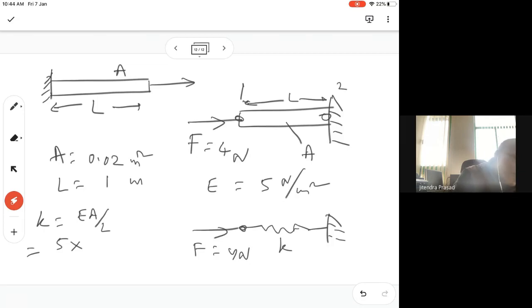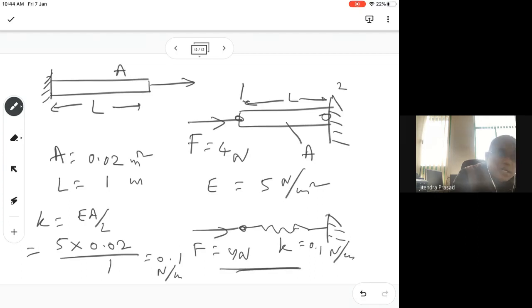So E is 5, A is 0.02, over L equal to 1, and thus it becomes 0.1 Newton per meter. So this is K equal to 0.1 Newton per meter.